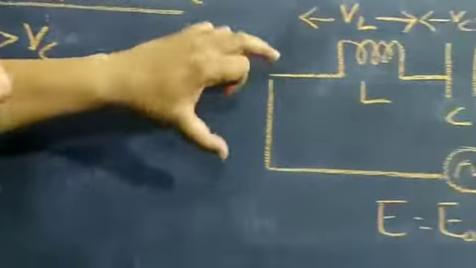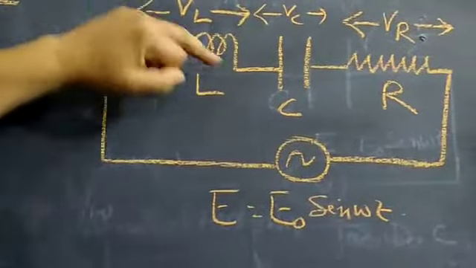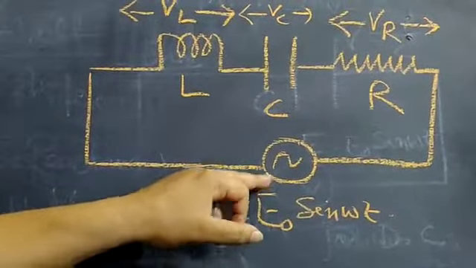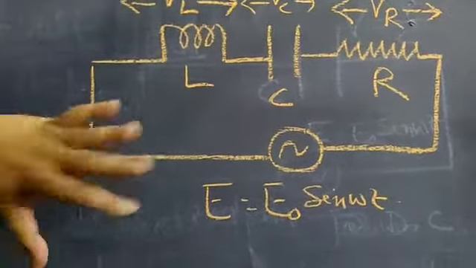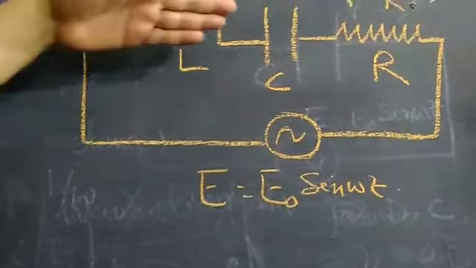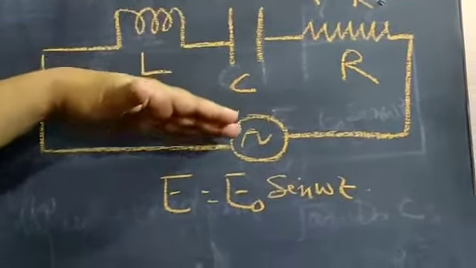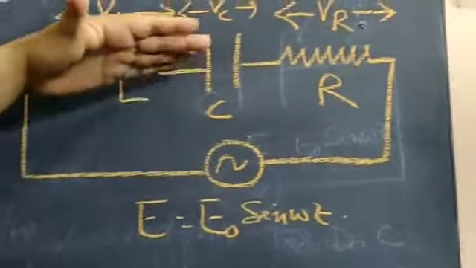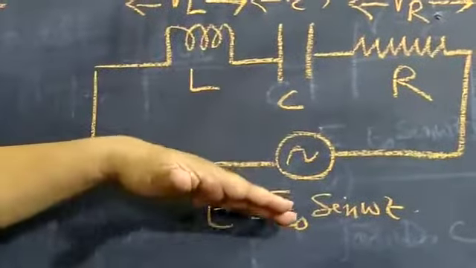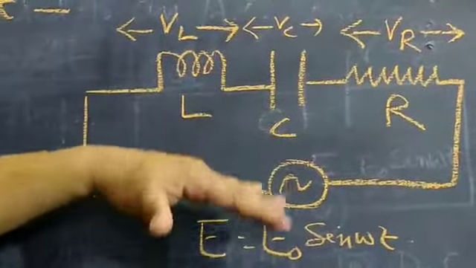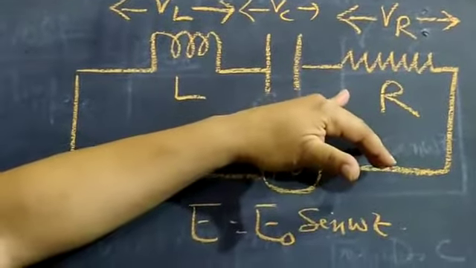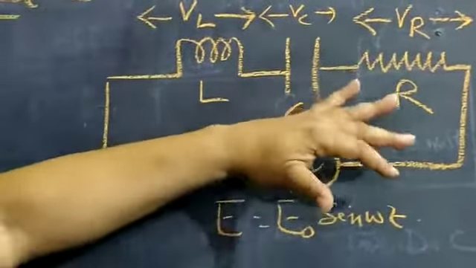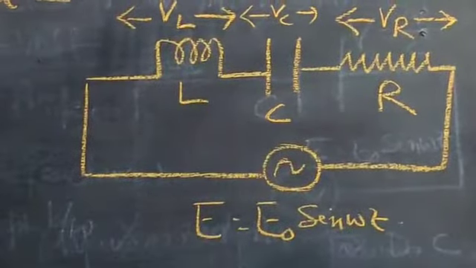We know that if an inductor alone is connected to an AC source, then it keeps voltage 90 degrees ahead of current. Capacitor alone, when connected to an AC source, voltage lags behind the current by 90 degrees, and there is no angle difference between current and voltage when a resistor alone is connected to an AC source.